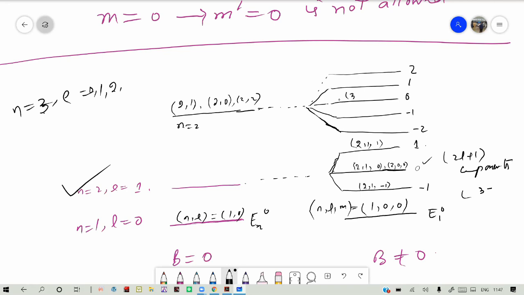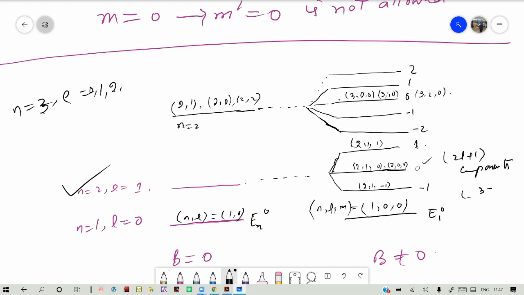When N is 3, the maximum L is 2, so we can have 2L plus 1, which is 5, ML values from 2, 1, 0 to -1 and -2. So we have 3, 0, 0, 3, 1, 0, and 3, 2, 0. Independent of L, the energy will be the same, whatever the value of L. These are degenerate.